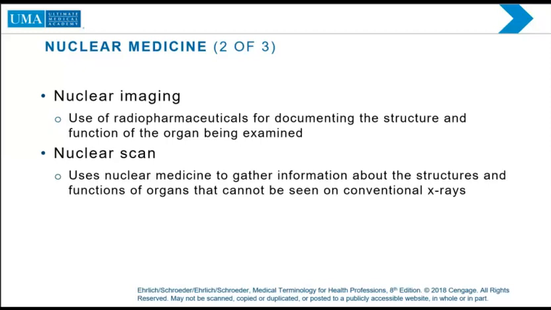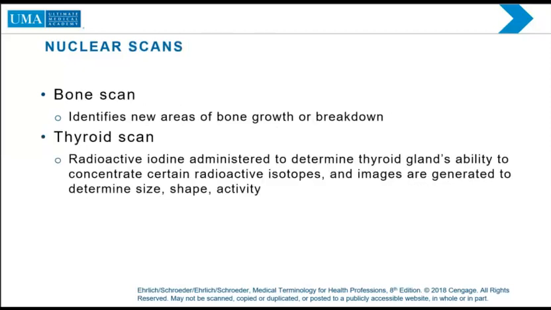Nuclear scan uses nuclear medicine to gather information about the structures and function of organs that cannot be seen on conventional X-rays. A bone scan identifies new areas of bone growth or breakdown.